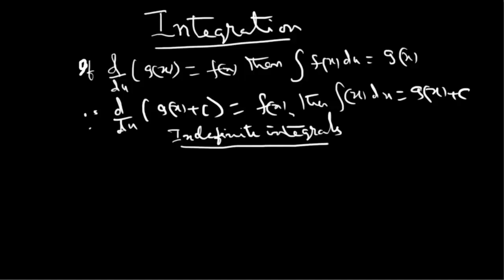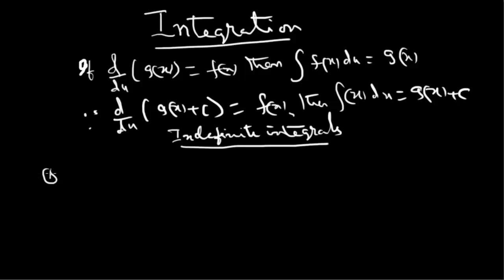Now, for every formula that you find in differentiation, there is a corresponding formula in integration also. For example, we shall derive one formula, and for the rest, from the memory of the formulas in differentiation, we can write the formulas in integration also.